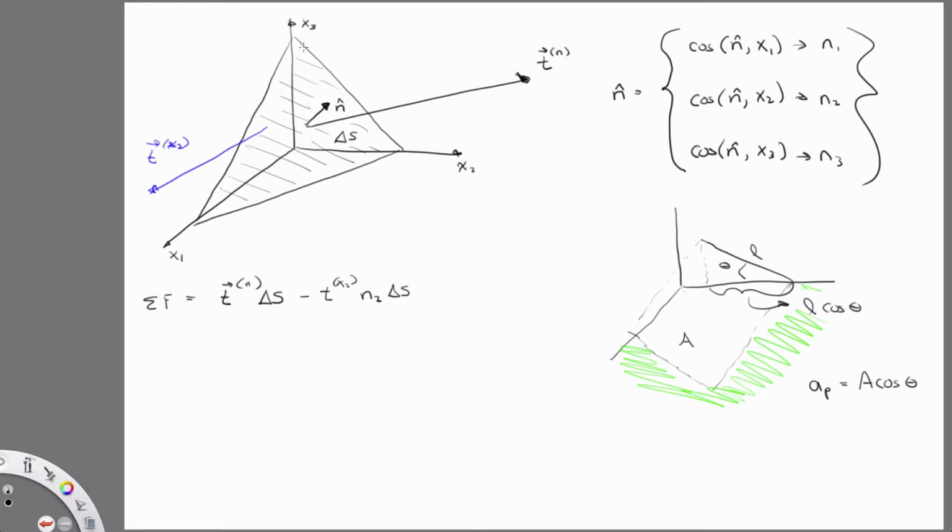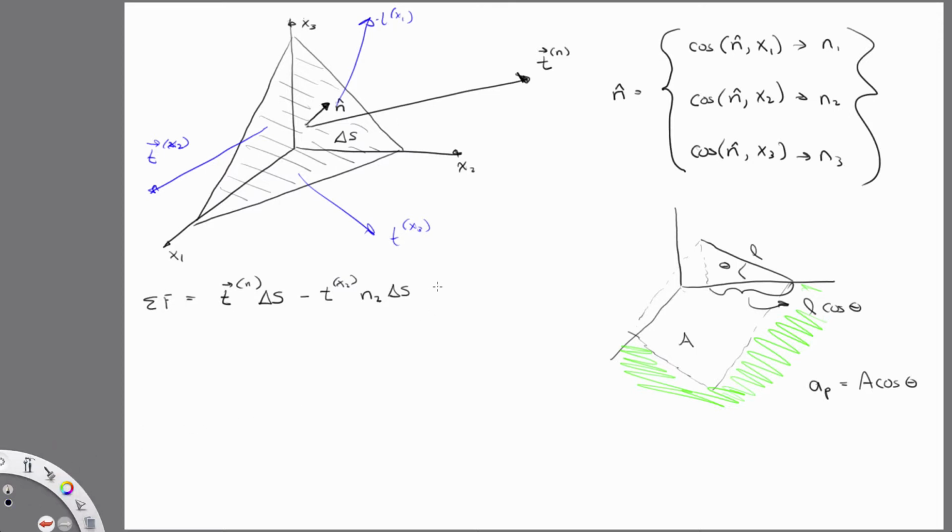And then we're just going to write down the other ones. So we have another vector, something back here, t x1, and another one down here, t x3, right?